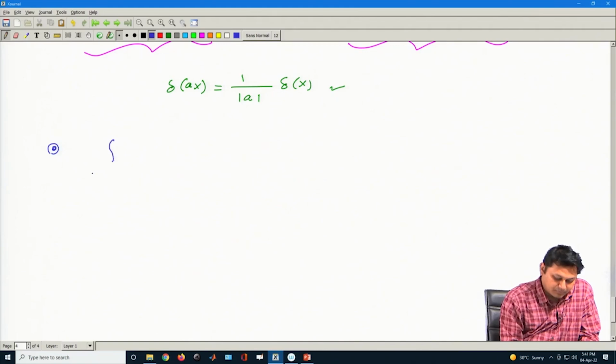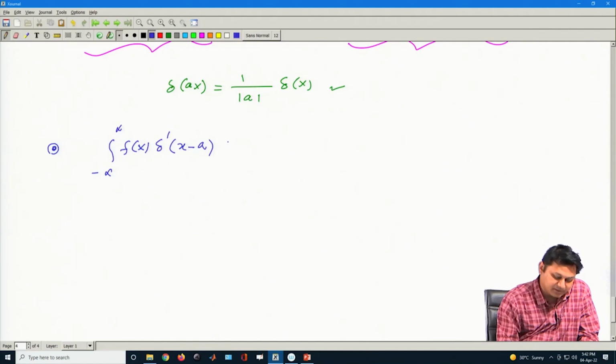Integral from minus infinity to infinity of f(x) times delta prime, which is the derivative of the delta function, dx is equal to minus df/dx evaluated at x equal to a point.